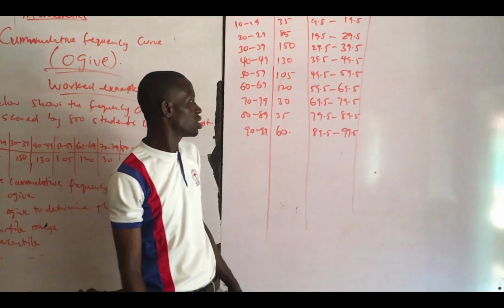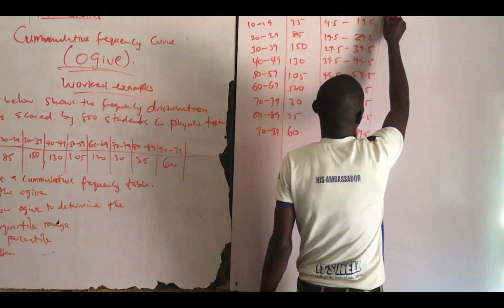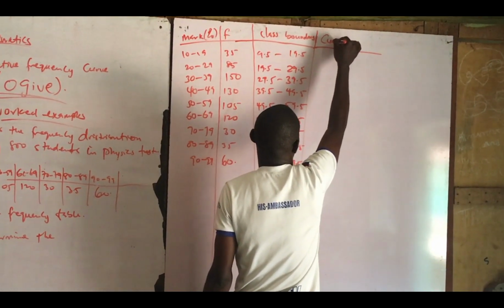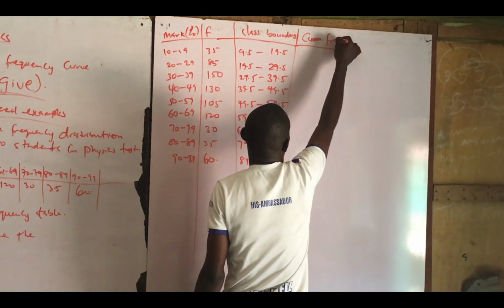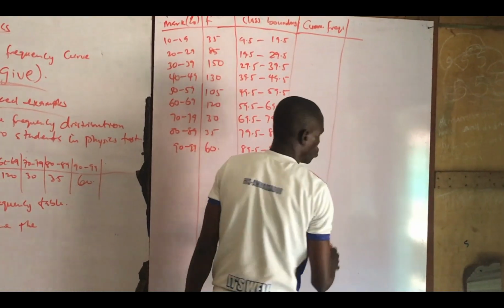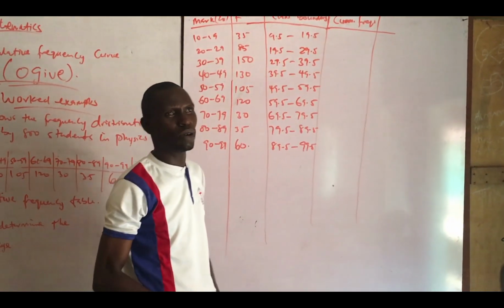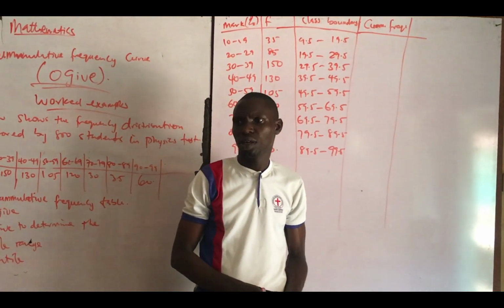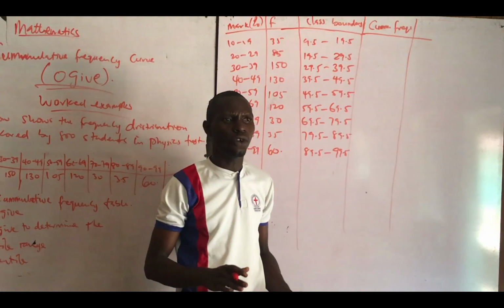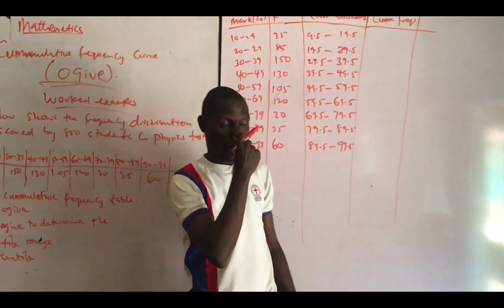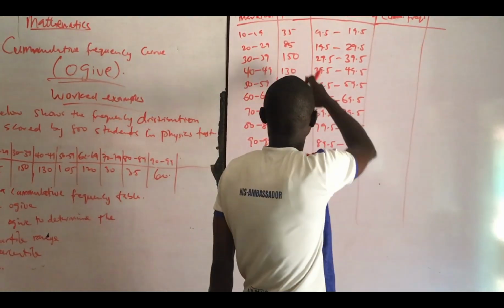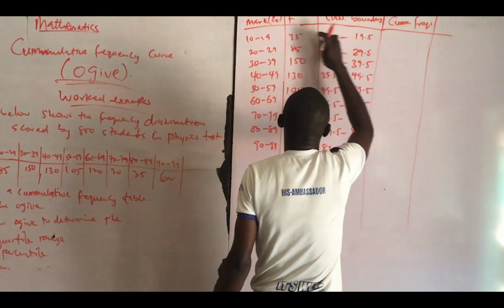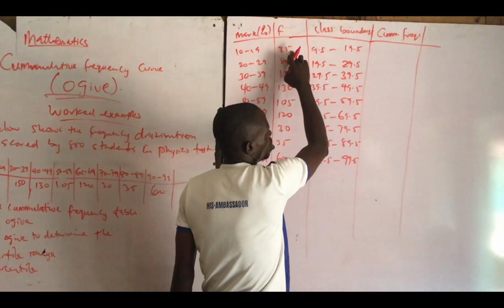Having done that, the next thing is for us to do the cumulative frequency. How do you do the cumulative frequency? Cumulative frequency means the continuous addition of all the frequencies. There is no frequency before the first one, so you start with it.